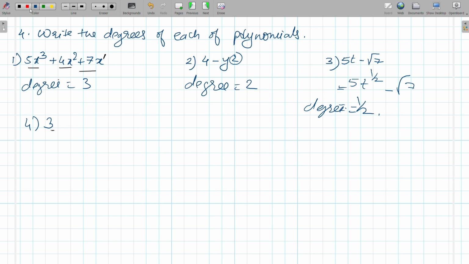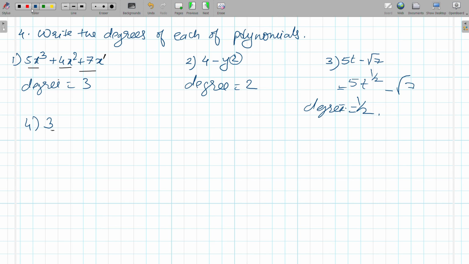But here one thing we need to remember is we have already seen that the degree of the polynomial should be a whole number, correct? Now here the equation is 5t minus root 7. So anyhow they have asked for the degree, so we will just write 1.